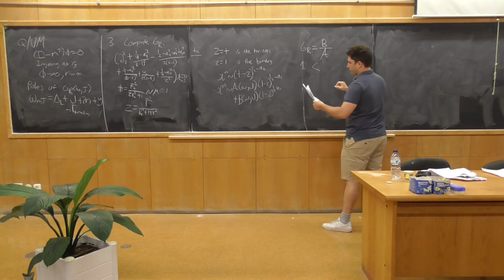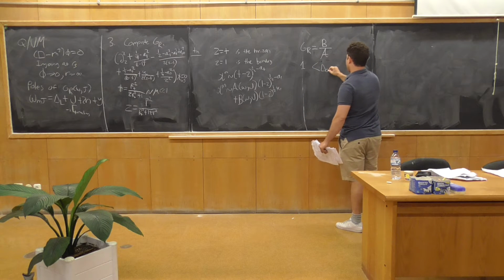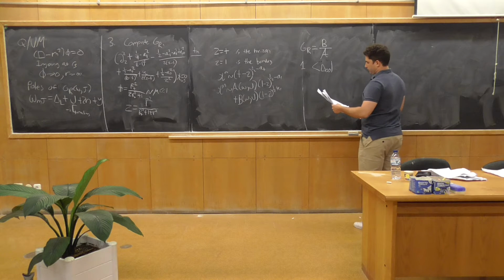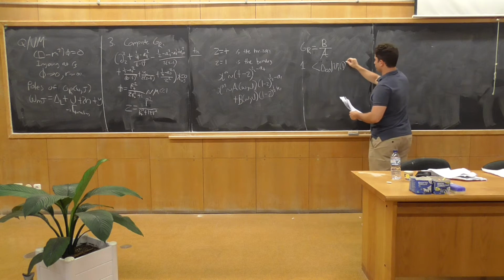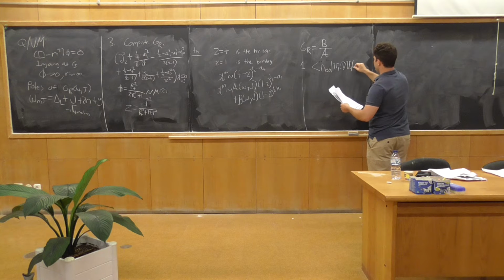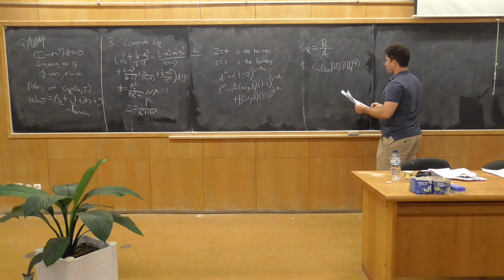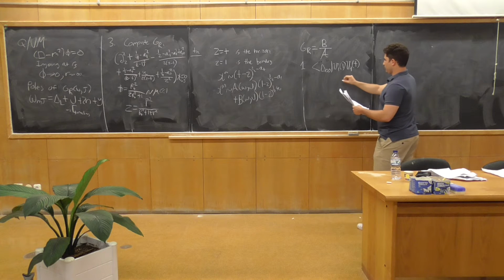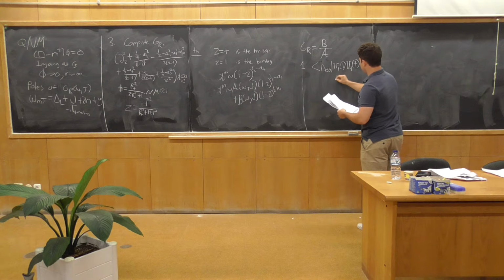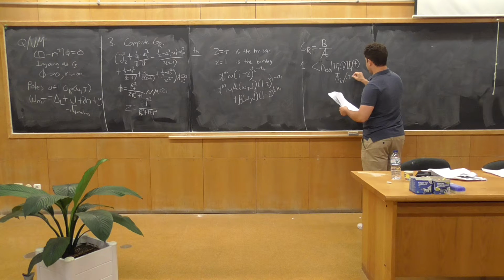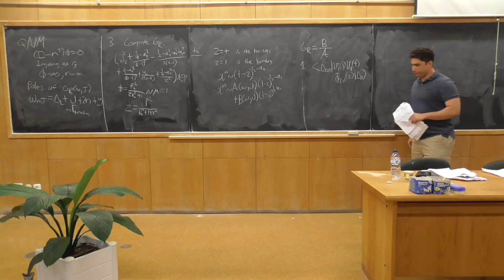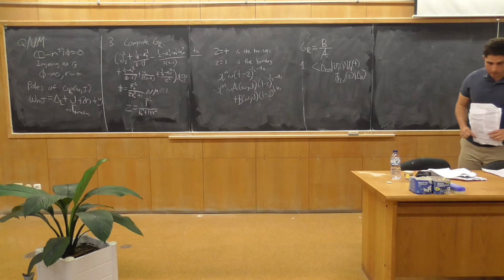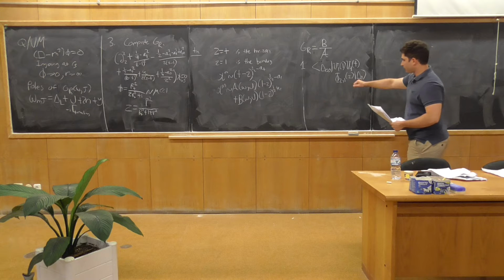So we consider the following 5-point function in Liouville field theory. This is going to be a 5-point function of 4 primaries and 1 degenerate field of level 2.